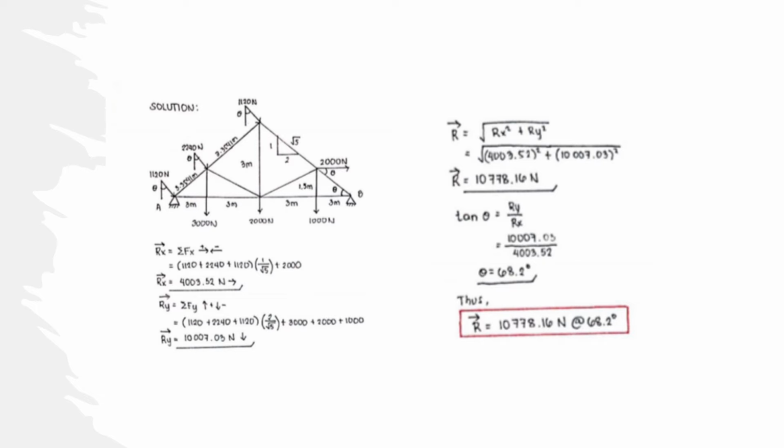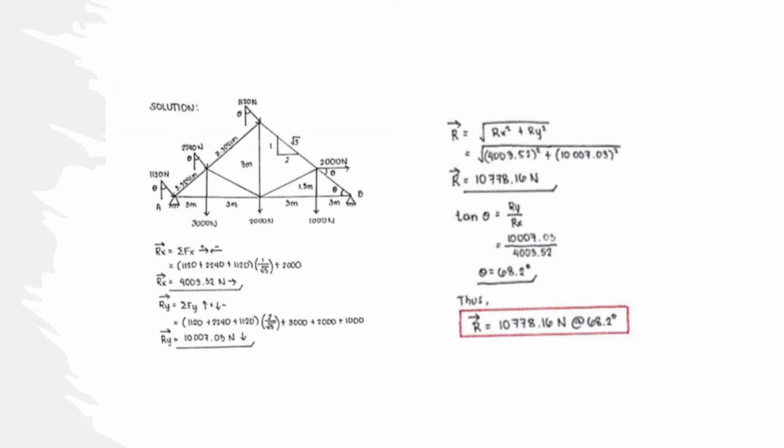And for its resultant, we get the square root of Rx squared plus Ry squared, which is equal to 10,778.16 newtons. And to get its direction, which is in angle, we have tangent of the angle is equal to Ry over Rx.